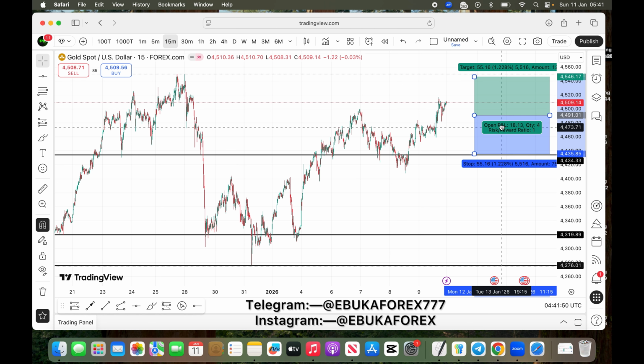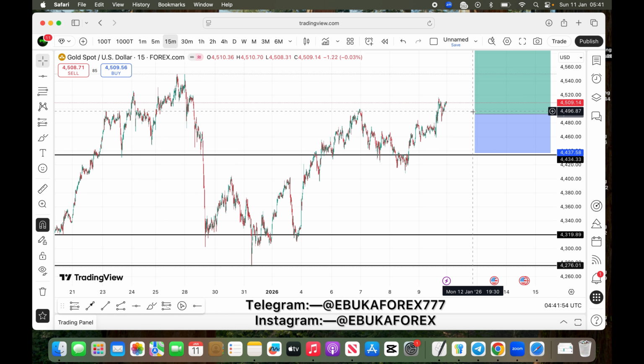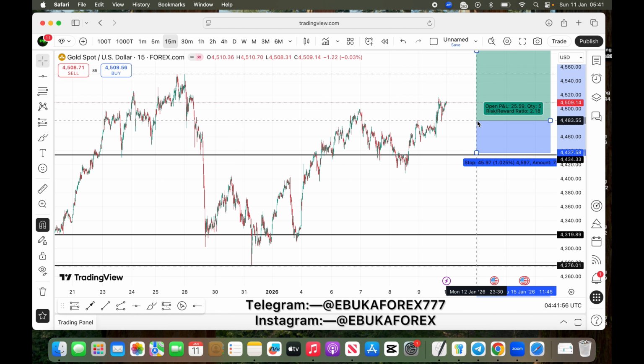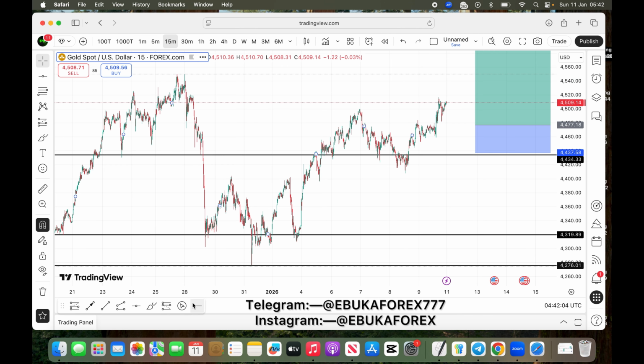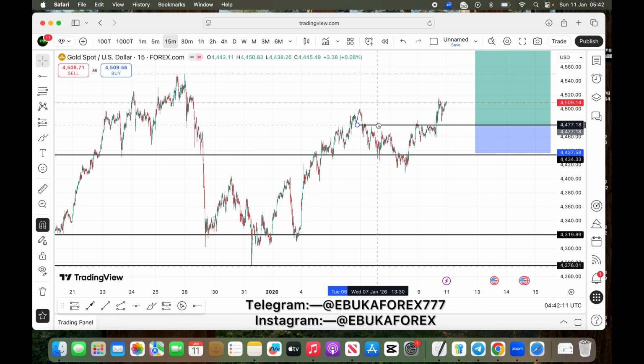If we see a break of structure from our previous high, then we now have more liquidity grab in order to push the price towards 4700. Possibly we need to see the price expansion this week.